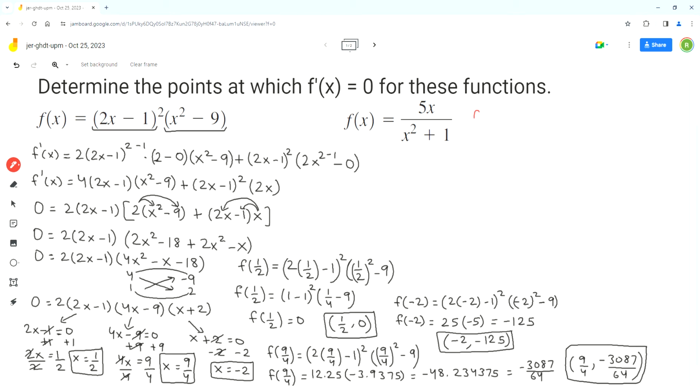So f prime of x equals, as per the quotient rule, we start with the derivative of the numerator, and the derivative of 5x will be just 5 times the denominator, x squared plus 1, then minus the numerator, which is 5x, times the derivative of the denominator, and as per the power rule, it will be 2x plus 0, over the square of the denominator.